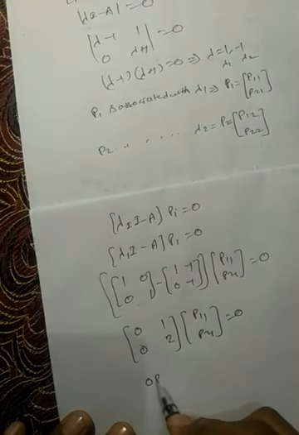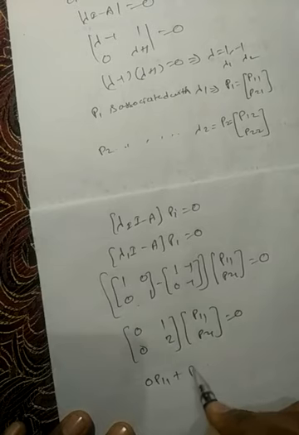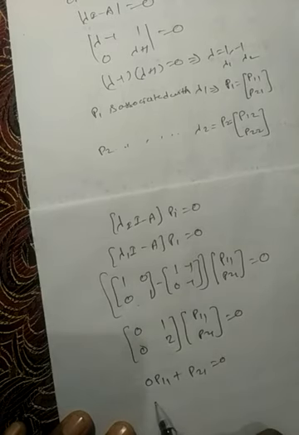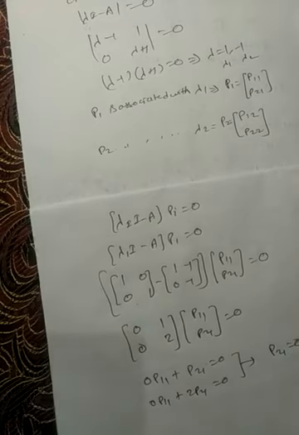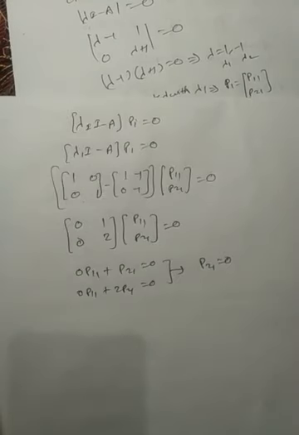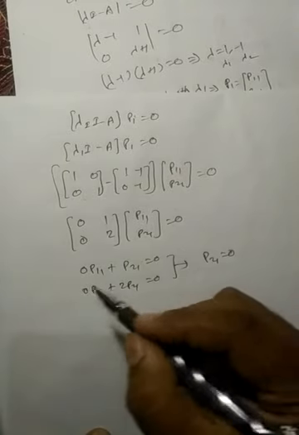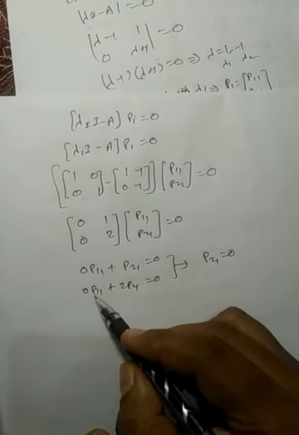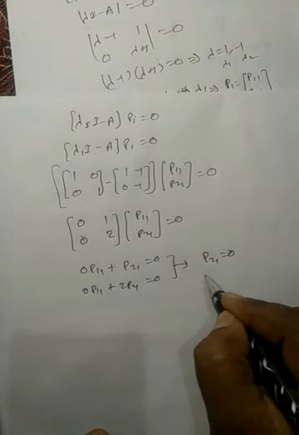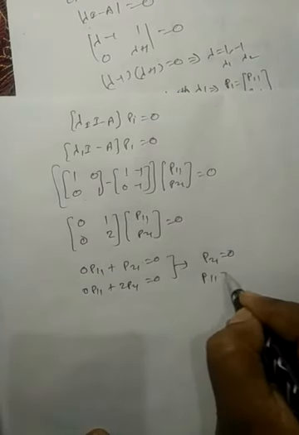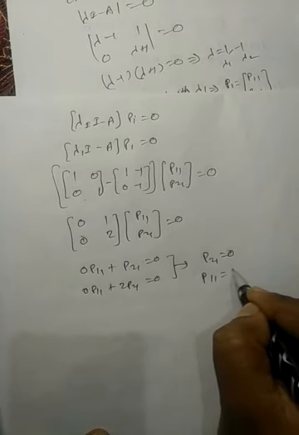So here we have equations 0 P11 plus P21 is equal to 0, 0 P11 plus 2 P21 is equal to 0, and from here we have P21 is equal to 0. Since we cannot calculate P11 from these two equations, assume an arbitrary value for P11. Let us take it as 1.